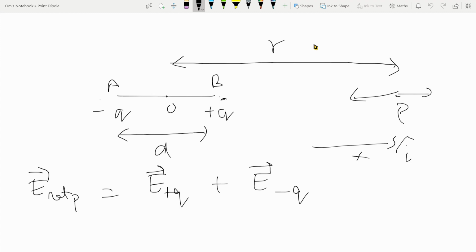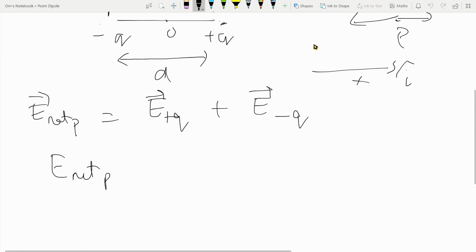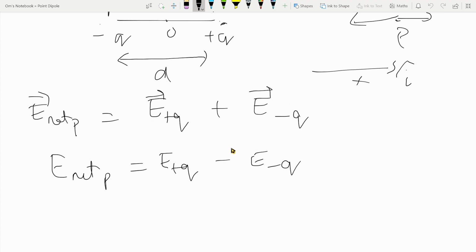And so if I were to consider only the magnitude, then E net P is equal to E plus Q minus E minus Q. I've taken the minus charge into account and I'm simply writing the magnitudes.